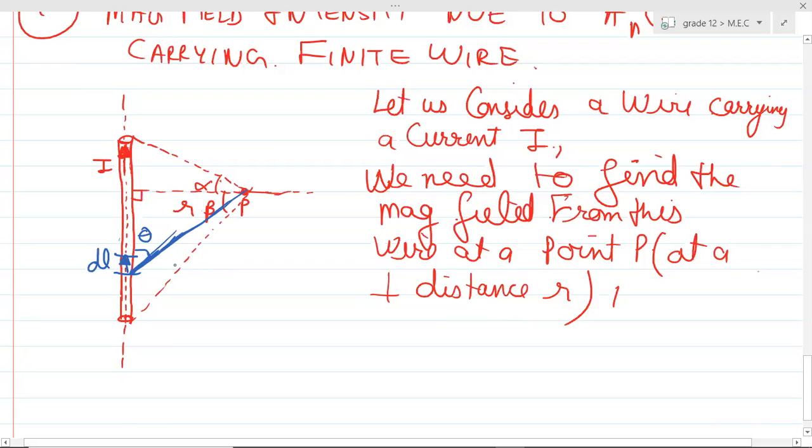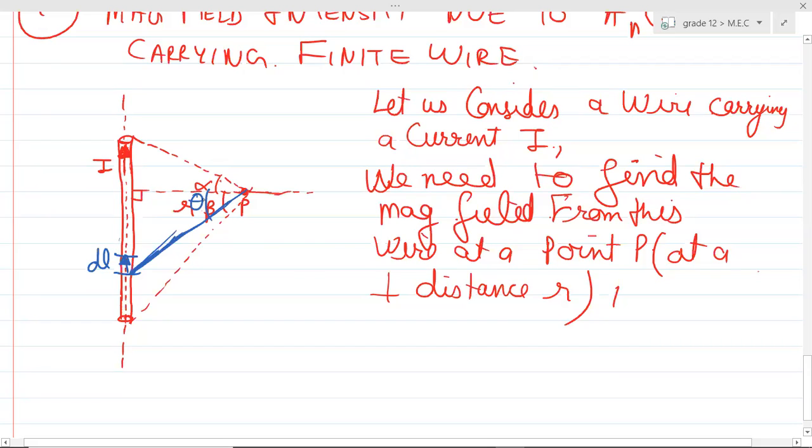Where should I take the theta? I should take the theta from here, not here. It may get a little bit confusing to you, but can you see this element was at an angle theta from here?